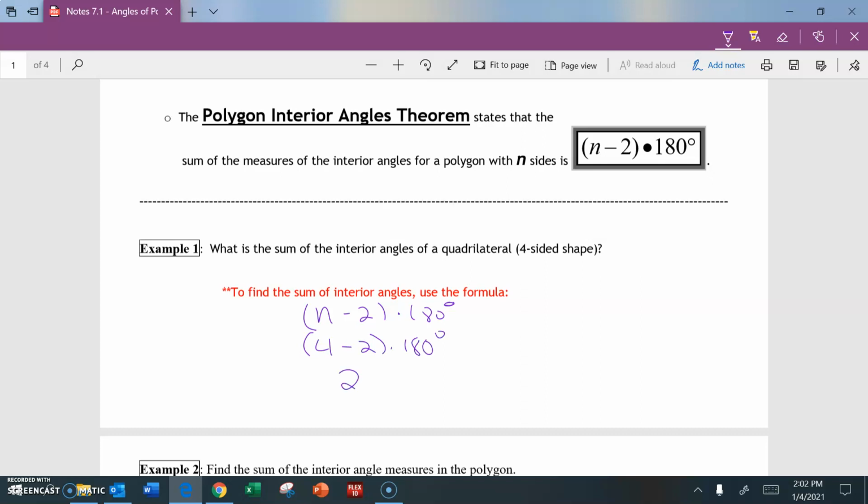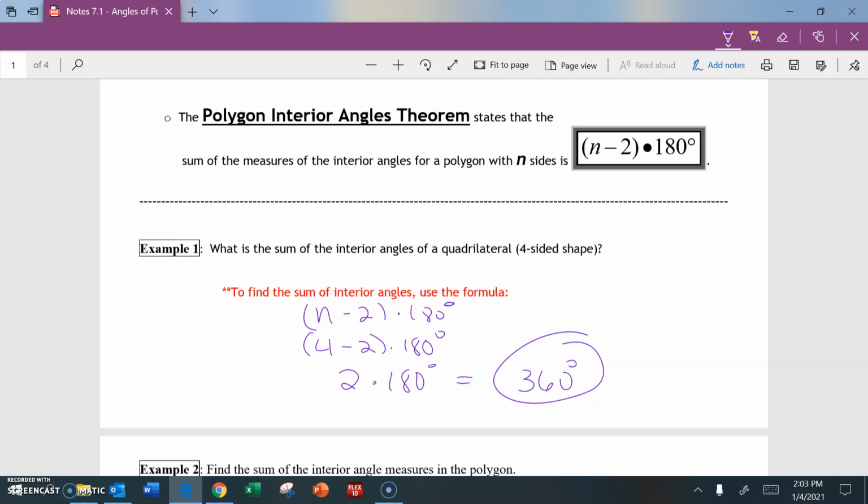And you're probably going to want to use your calculator. I think you can know that two 180s would be 360 degrees. So all quadrilaterals, regardless if we want to call them more specific names that we'll get to later in this chapter, such as rectangles, trapezoids, squares, etc., they all are going to have 360 degrees on the inside.